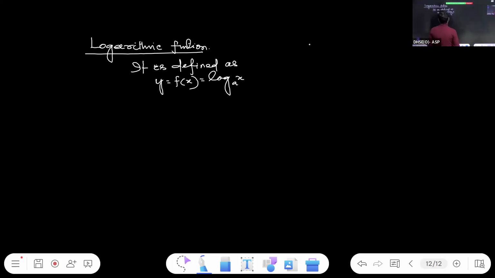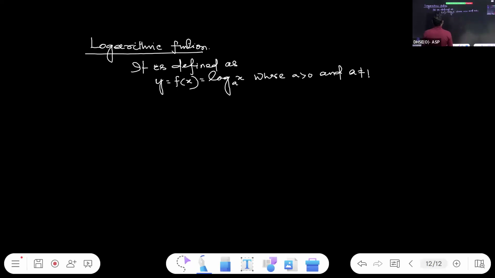It is defined as y is equal to f of x is equal to log x to the base a, where a is greater than 0 and a is not equal to 1, right?